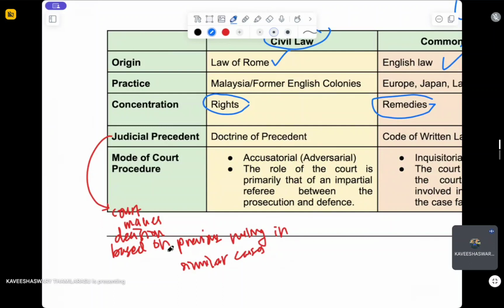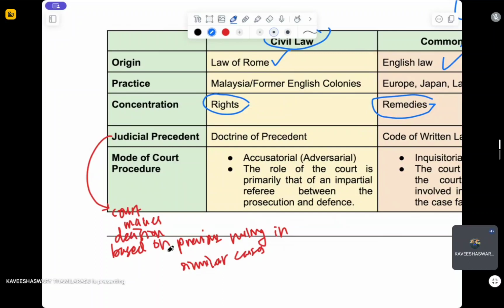If you're facing a similar case in the future, the punishment has to be equal to the past case, because that is where the idea of justice and fairness comes in. That's what judicial precedent refers to, where the lower court refers to the higher court's decision in certain cases, in order to ensure there is an equal amount of equity in all of the cases.